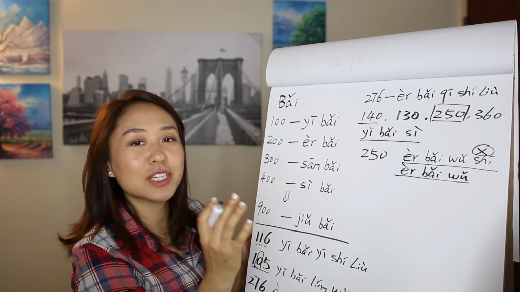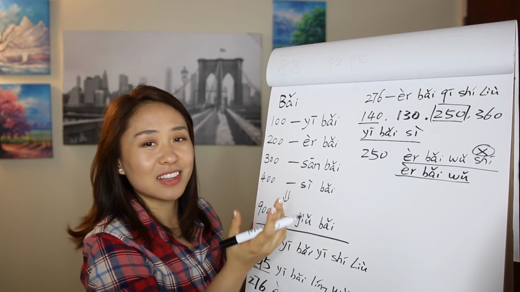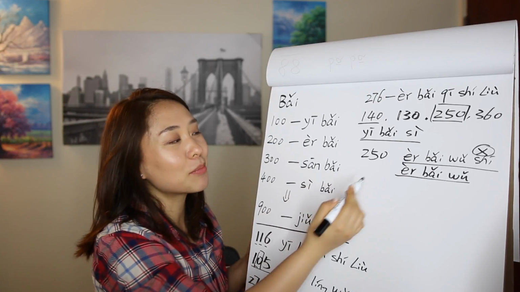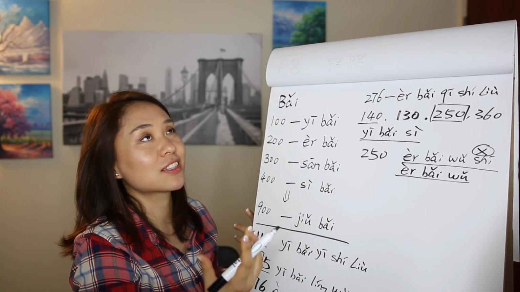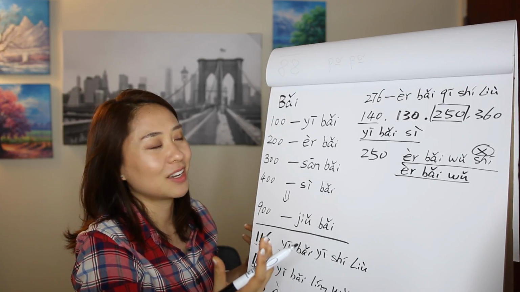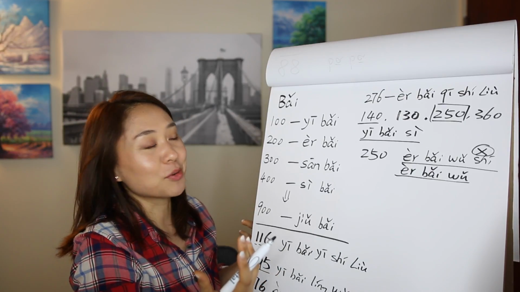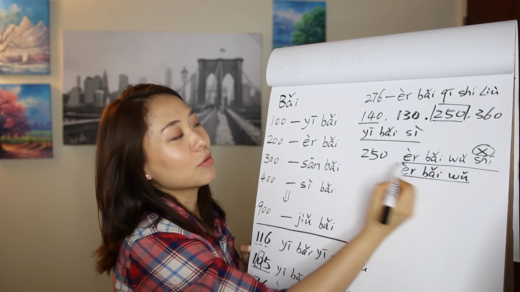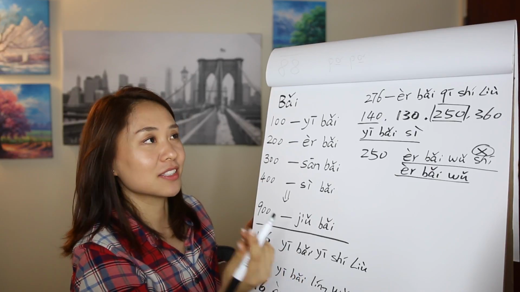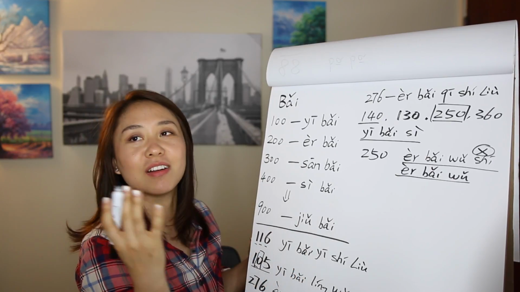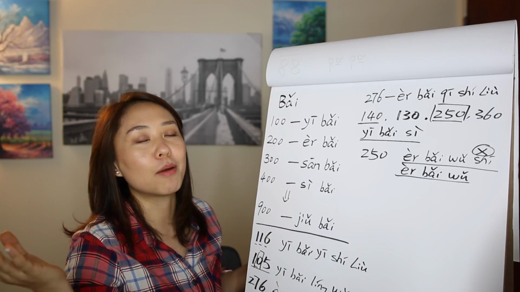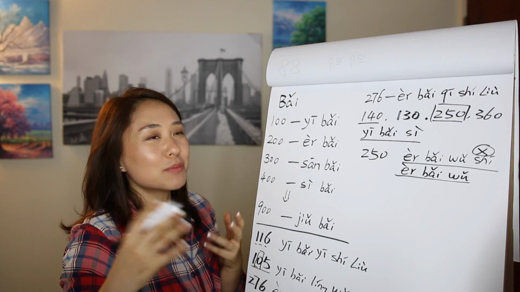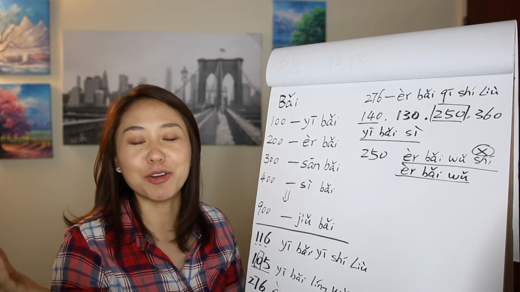We use it so much in China that we almost forgot it's a number. Every time people mention this number, people instantly think it means stupid. I mean, the whole idea is stupid, really. So we almost forgot it's a number, but actually it's a number. So 250 means stupid. You can say this person is 250, or that thing looks 250, or this whole idea is 250. You can pretty much say anything that's 250.